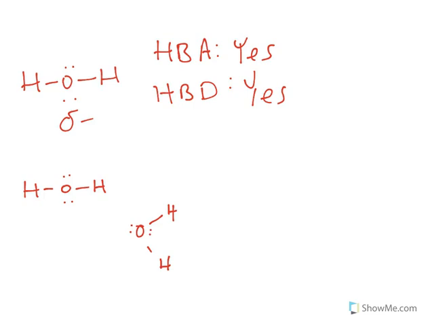All right, so here we've got our delta minus and our delta plus. Here we have our delta minus and a delta plus and a delta plus. Oh, and I forgot a delta plus over here. So what ends up happening here is we get an attraction. All right? And this attraction happens to be a hydrogen bond donor acceptor attraction. So what we have in blue there is something called the hydrogen bond.